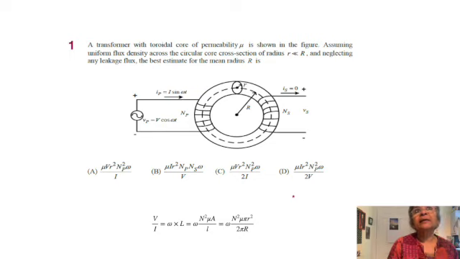Leakage flux will always make it non-linear, so for simplification, leakage flux is always removed. The best estimate for the mean radius R is what is required, which means that V by I is equal to NP square mu naught mu r pi r square, which is A, divided by 2 pi R, should give you R on the other side, and so you should have 2v on the denominator, and only one answer comes through as correct, that is D.